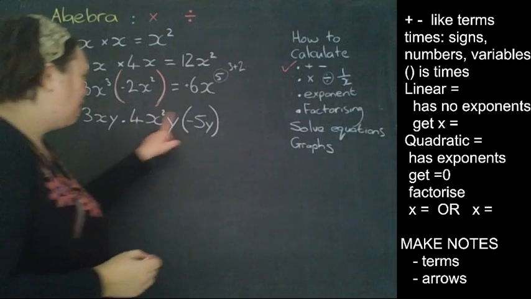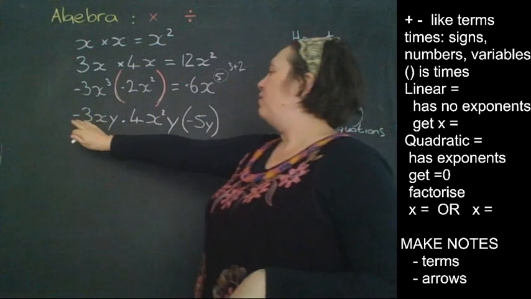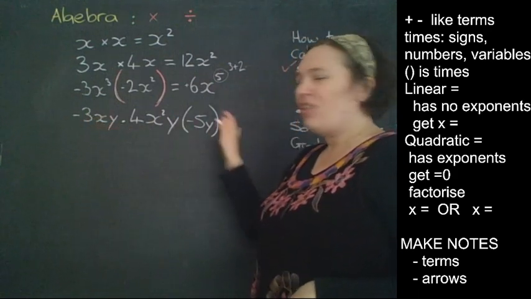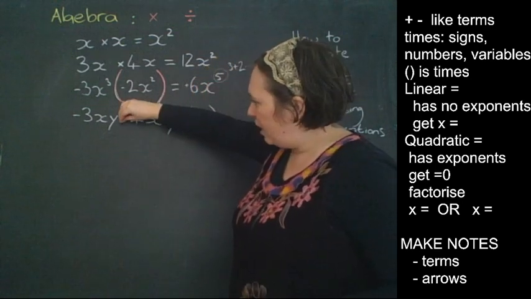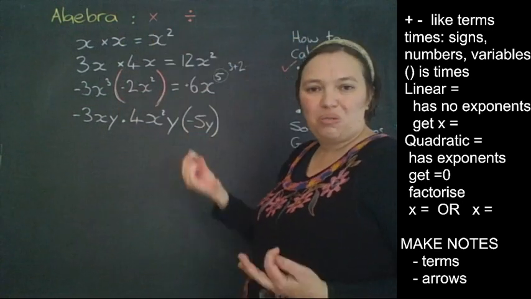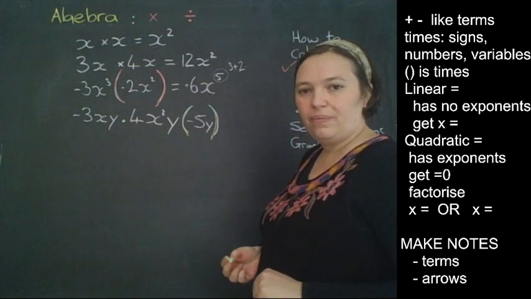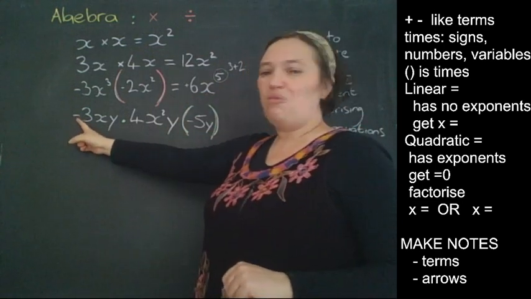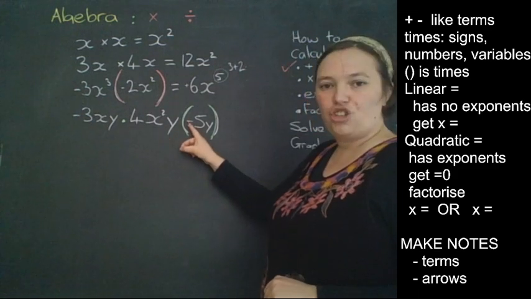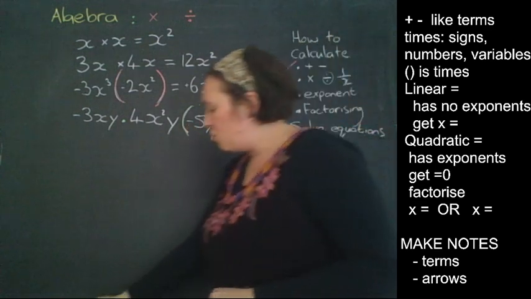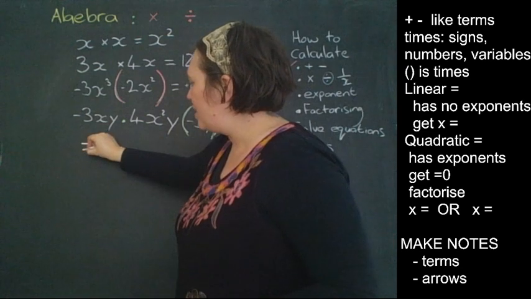Okay, I know my 5s look funny, everyone always says that. It's a 5. Okay, so now we first look at what are the signs that I've got here. I've got that thing, which is also just multiply. We've got this, which is multiply. There's nothing to plus or minus here, it just shows us that it's negative. So we need to first look at the signs.